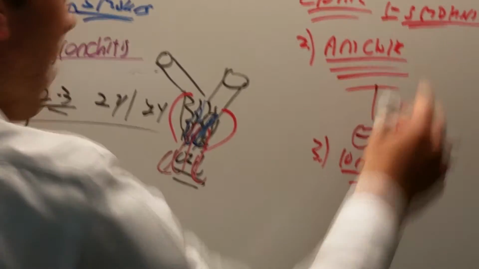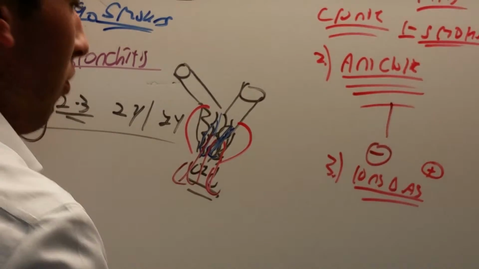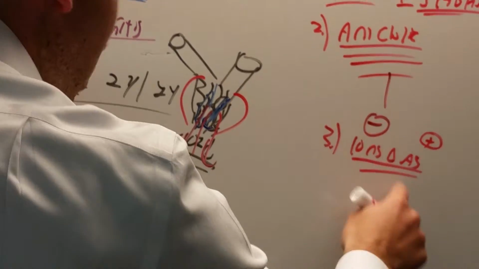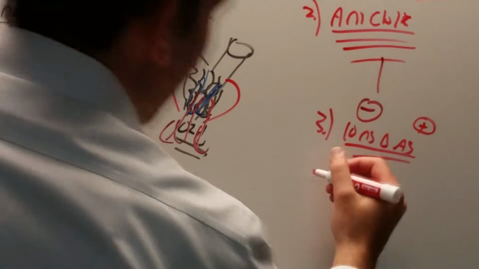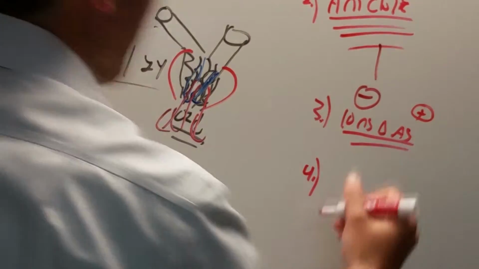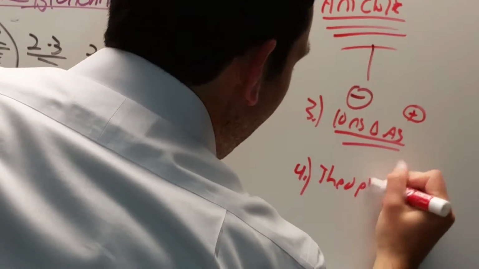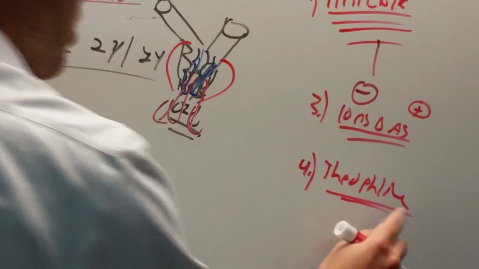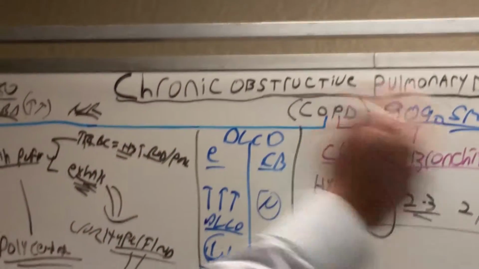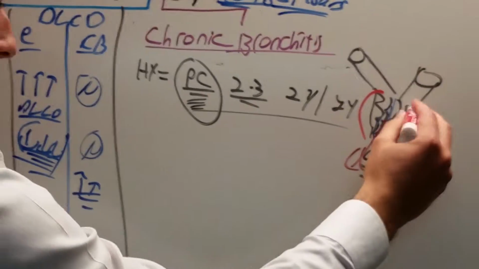Now, let's say you do both, you give the anticholinergics and the long-term beta agonist, and still the patient is not getting better. Then you're going to give something known as theophylline. Okay, this drug has really two mechanisms. Number one, it's a phosphodiesterase inhibitor. By inhibiting the inflammatory mediators, it prevents the inflammatory markers that would normally lead to the obstruction.